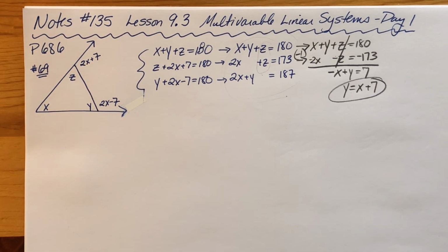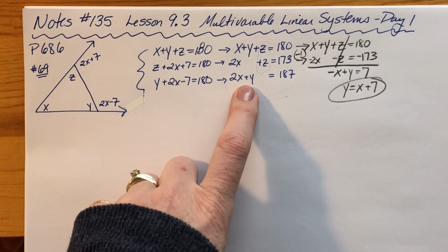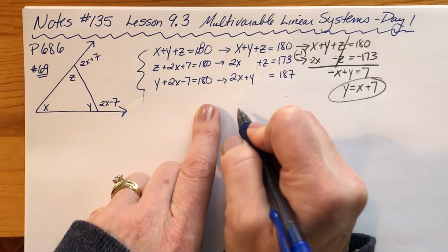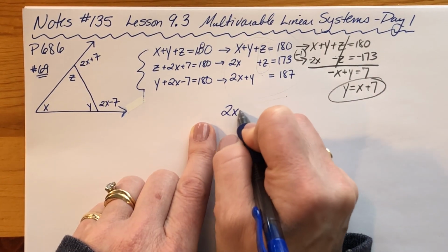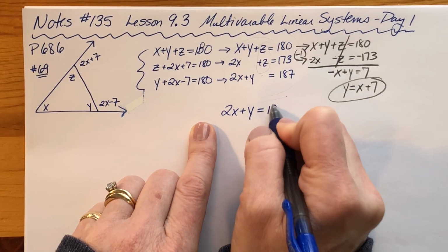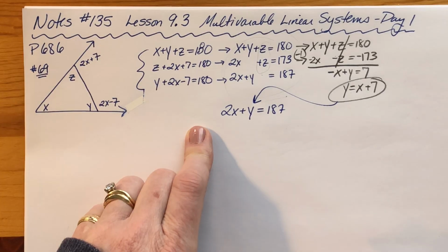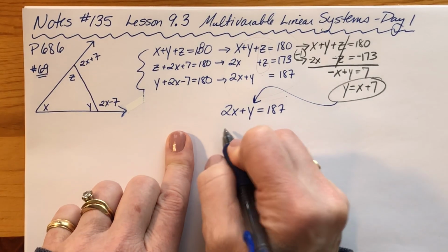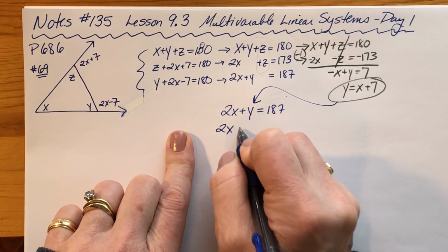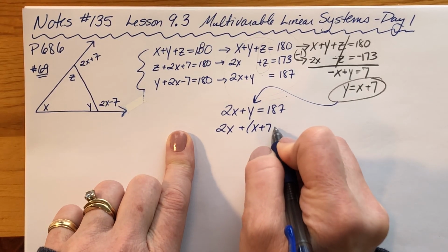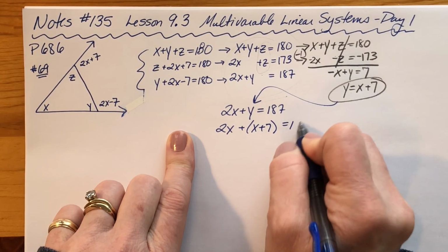Is there another equation that just has a y in it? Look at that. If I took this equation, 2x plus y equals 187, and I substitute that right in for my y, gorgeous. So it's 2x plus, now instead of y, I'm going to put in x plus 7 equals 187.